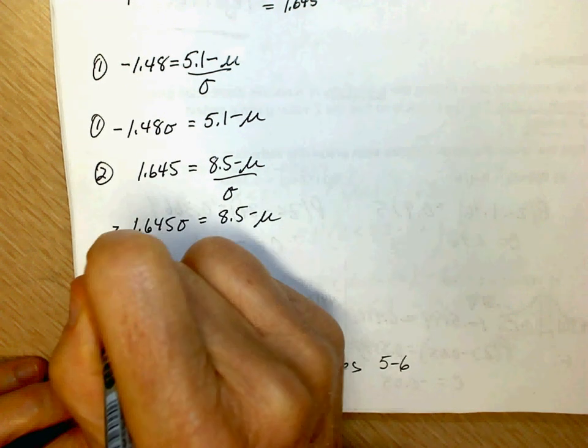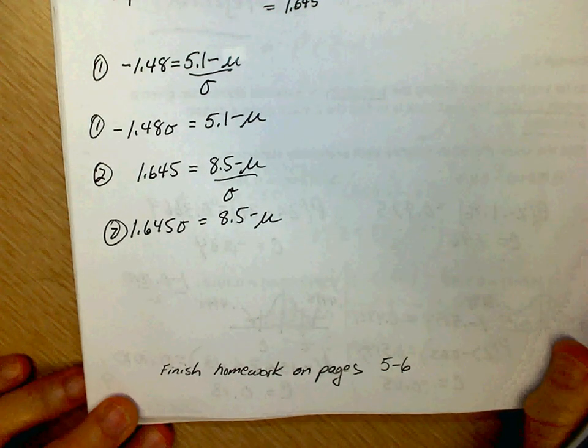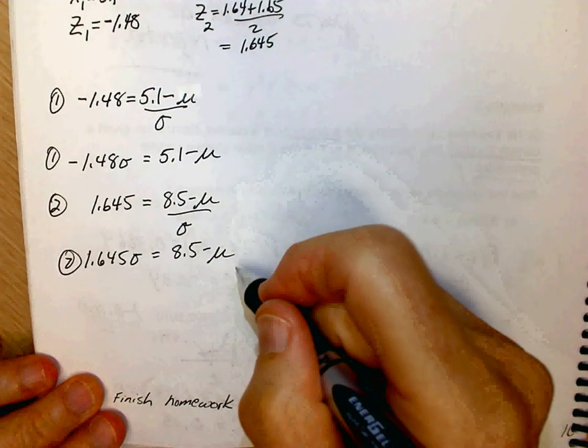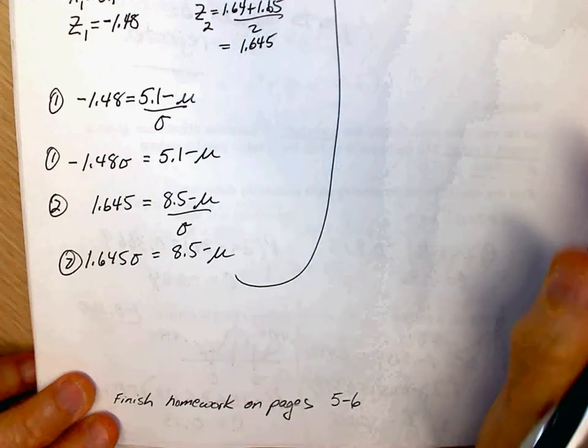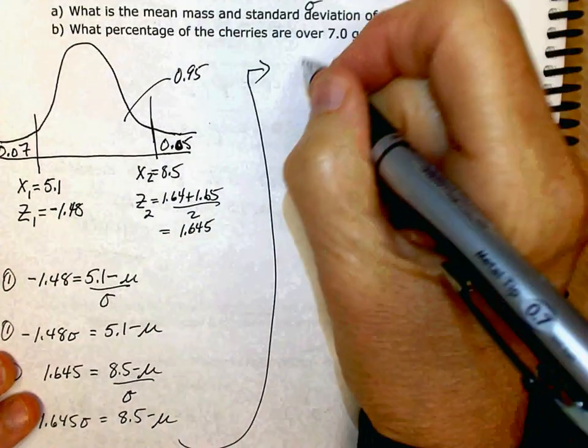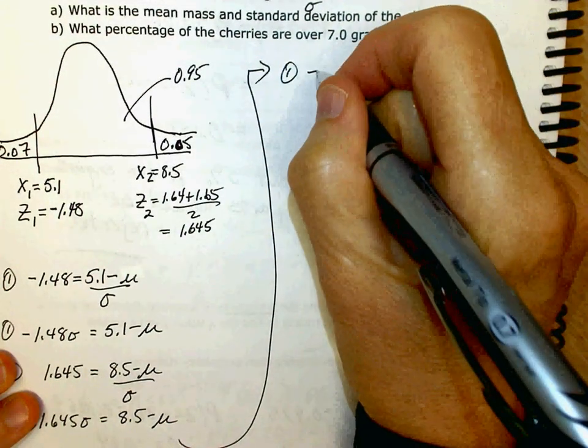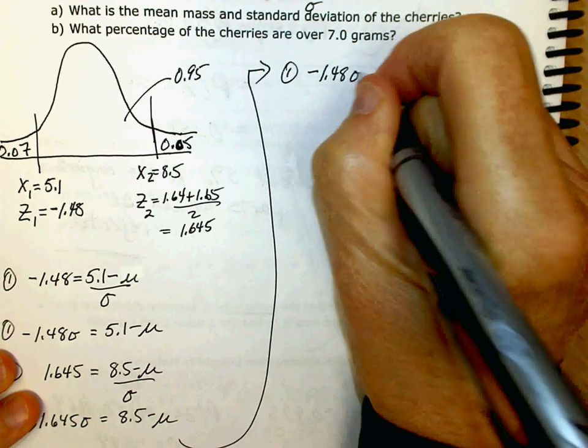Let us solve. We'll take it up there. So number 1, negative 1.48 sigma equals 5.1 minus the mean.